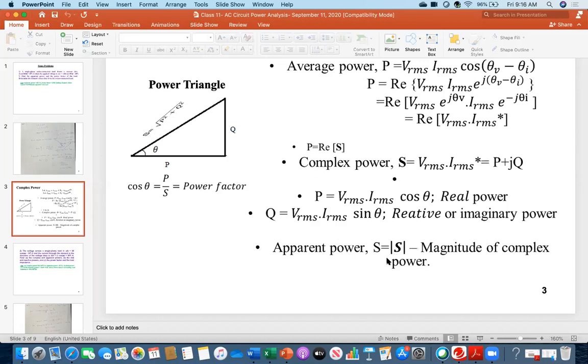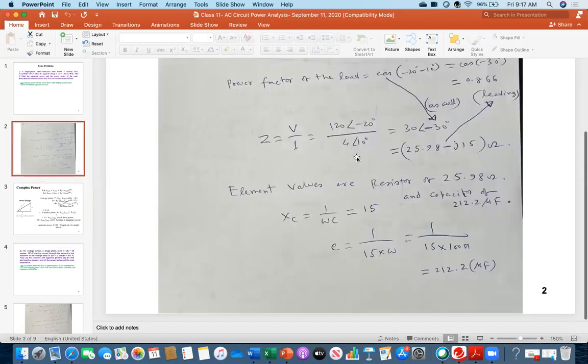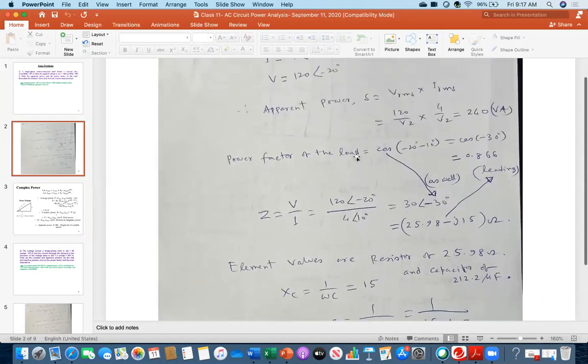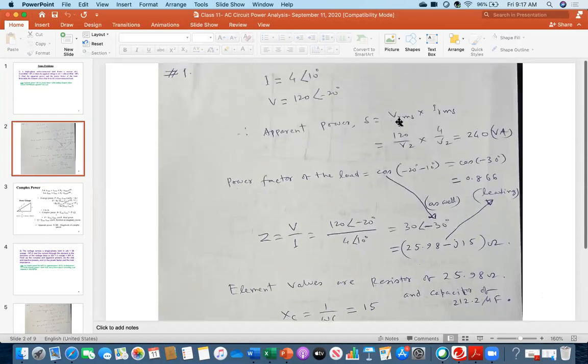This means, for example, in the P and Q equations, P is VRMS IRMS cosine theta, and Q is VRMS IRMS sine theta. The first part, VRMS IRMS, the multiplication of these two, is the apparent power. So see the solution: apparent power is VRMS multiplied by IRMS.